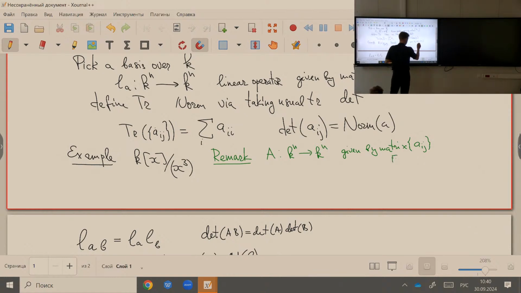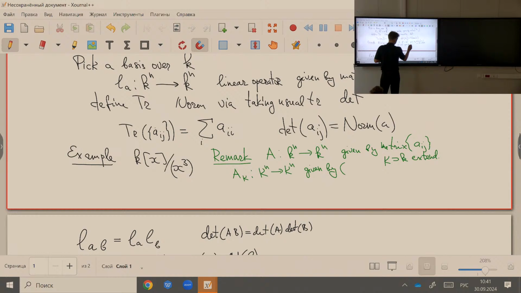So suppose big K extends K. You can think of the formula A over K, the map from K^n to K^n given by the same matrix, given by a_ij.